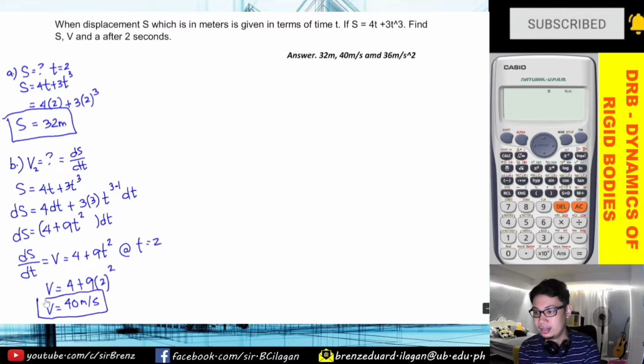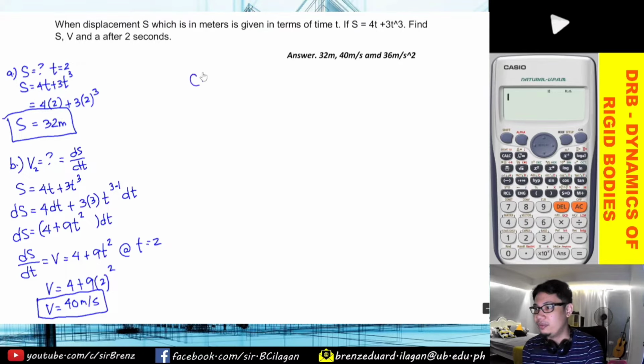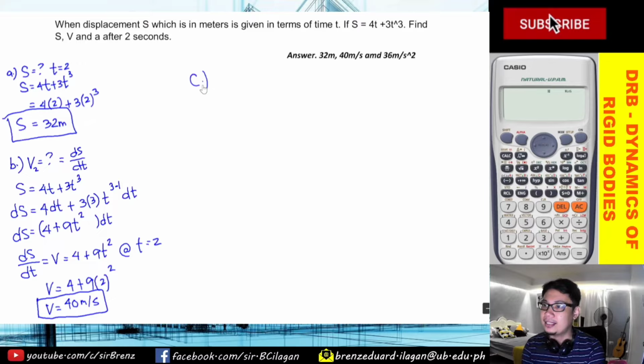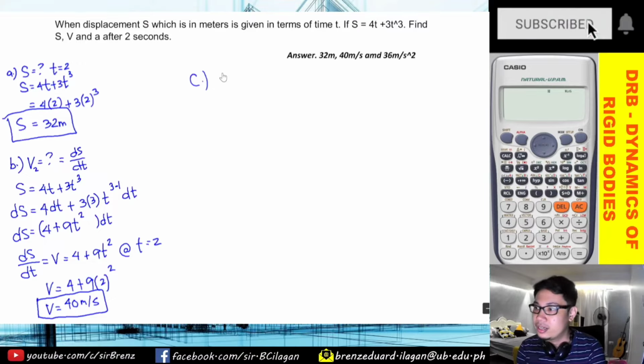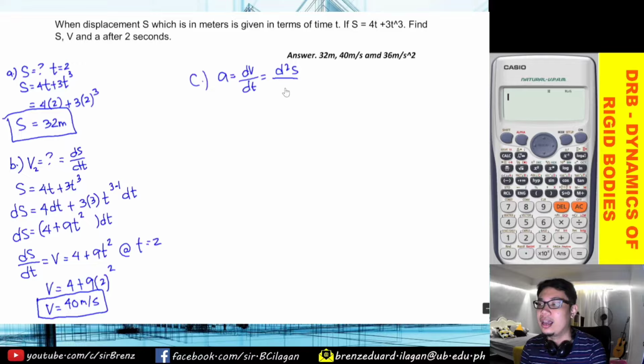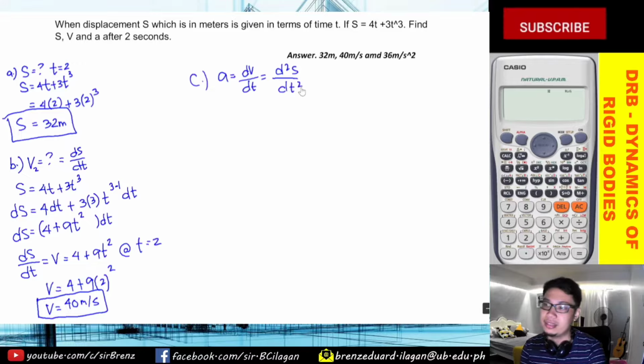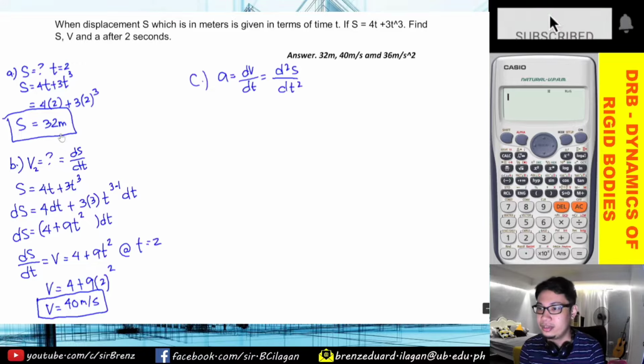Next, last will be for the acceleration after 2 seconds. Again, acceleration is equals lang sa dv all over dt, or that is just the double derivative ng inyong equation for the displacement. Anyway, yun din naman yun.